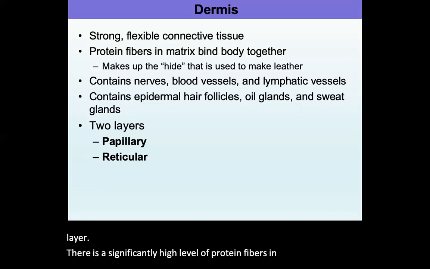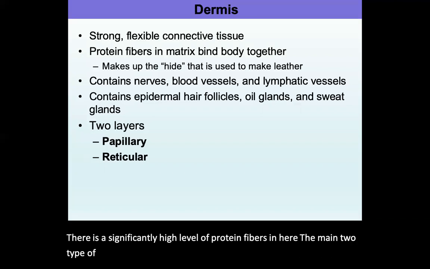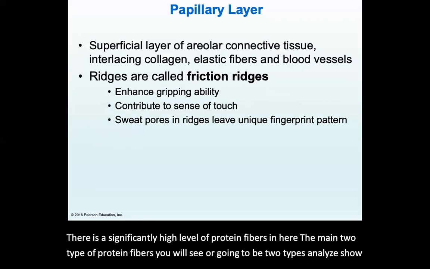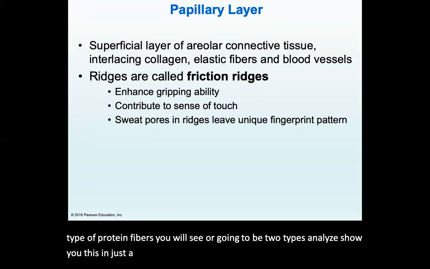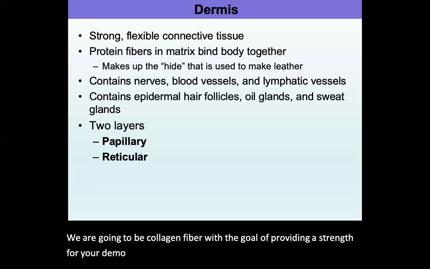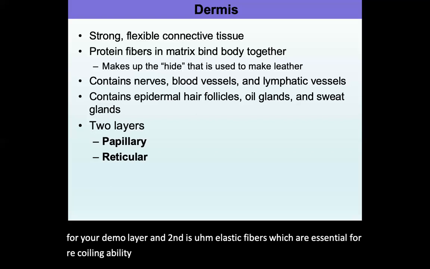The main two types you will see are collagen fibers, with the goal of providing strength for your dermal layer, and second, elastic fibers, which are essential for the recoiling ability of your skin.